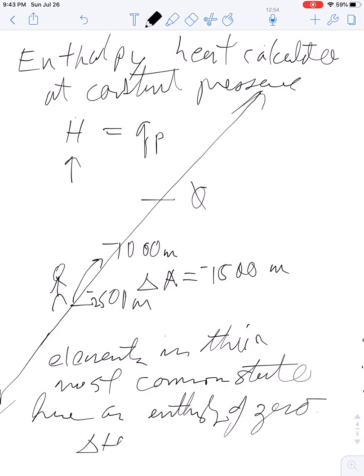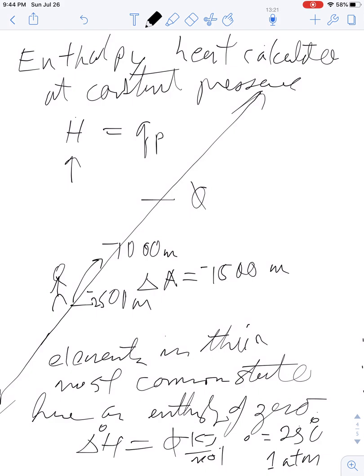In other words, they have a delta H of 0 kilojoules per mole. We put a little degree symbol there. The little degree symbol means at 25 degrees Celsius and 1 atmosphere, which is called standard conditions. Don't get that confused with standard temperature and pressure, which is 0 degrees Celsius. Standard conditions is 25 degrees Celsius and 1 atmosphere.